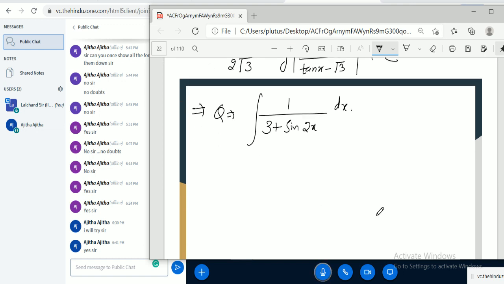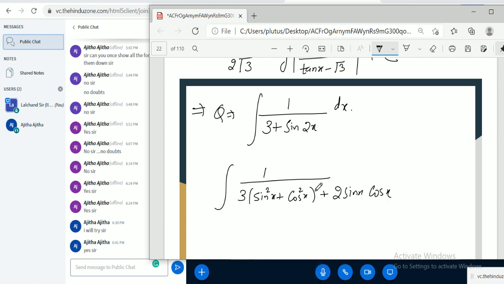First we need to write this equation as 3 into 1, where 1 means sin square x plus cos square x, and this 2 sin x cos x.